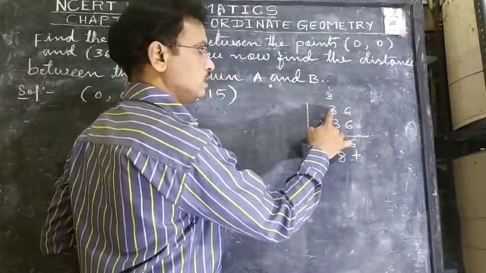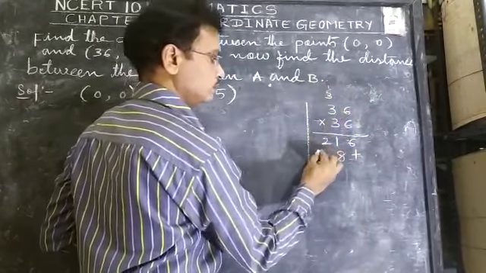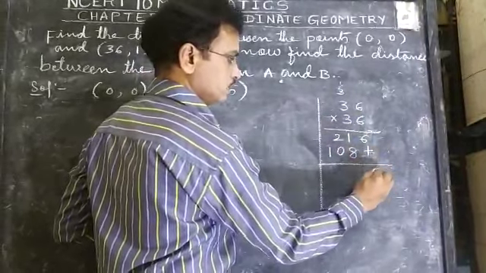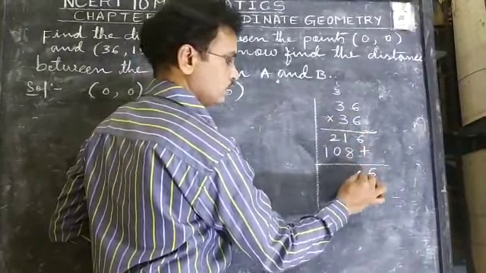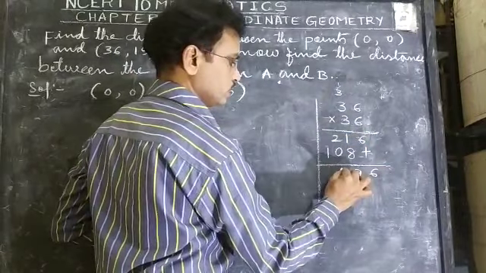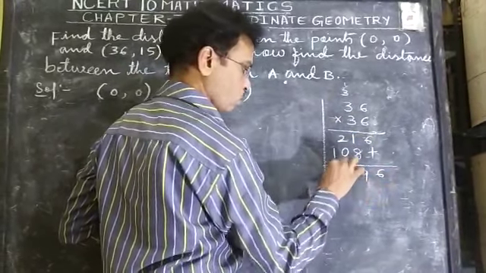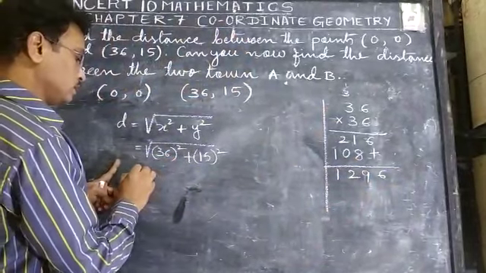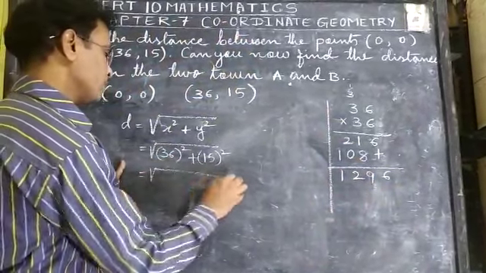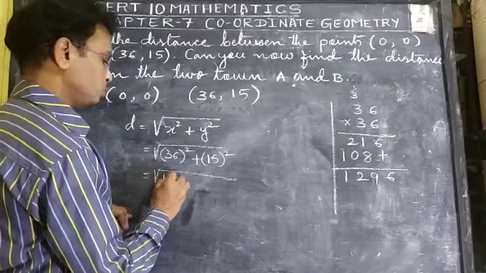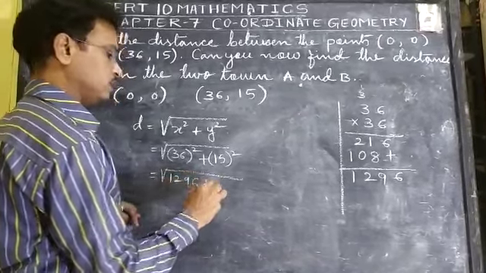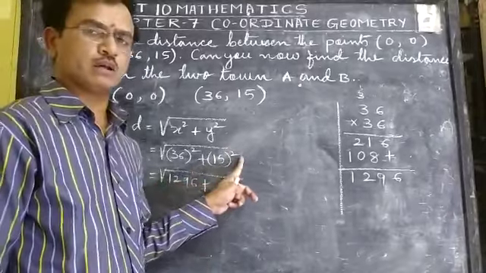Then 3 3s are 9 plus 1, 10. Then 6, 8 plus 1, 9, 2 plus 0, 2, here 1. That means 36 whole square, what we got here? 1296, plus 15 whole square.